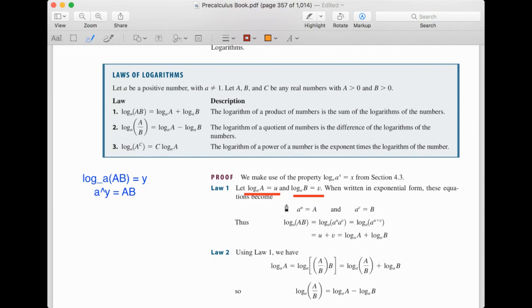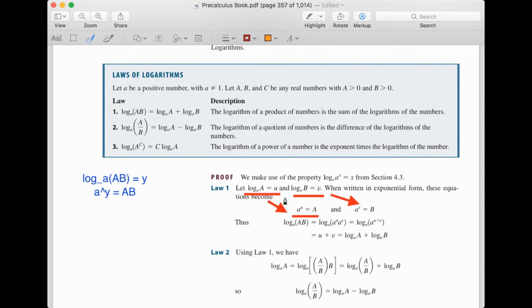Now let's multiply these two. The first one we can write as a raised to u equals A, and the second one we can write as a to the power of v equals B. We just change logs into exponential form.